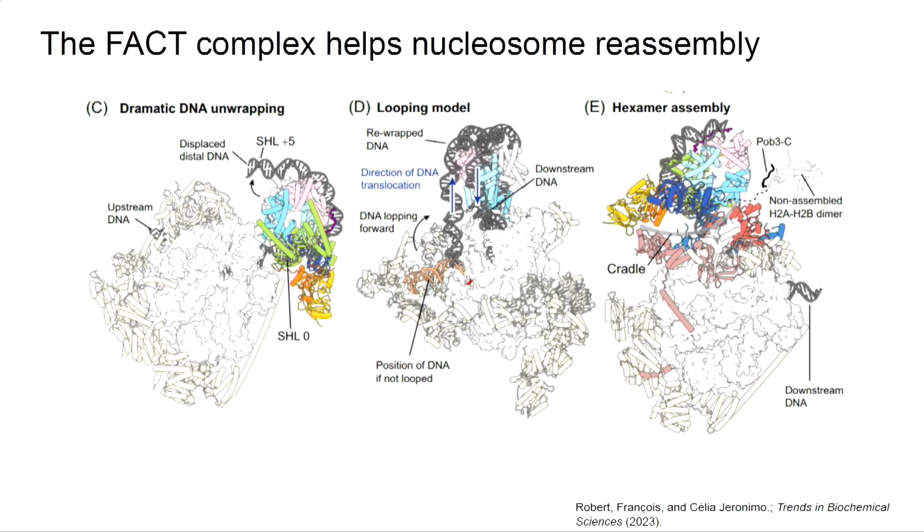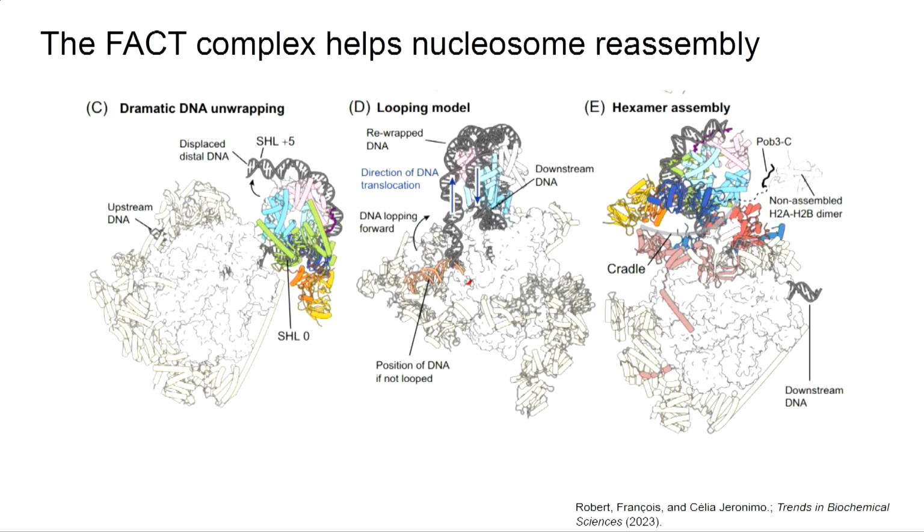Now the critical part is that in these structures, what couldn't be found was the structure of the complex as the histones are removed and when they are reassembled. But more or less the authors hypothesize, based on some earlier biochemical studies, that once the polymerase has passed through, the nucleosome is going to reassemble slightly behind the polymerase.